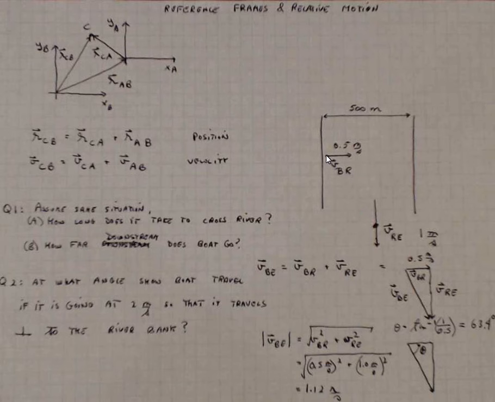Conceptually, you have to point the now 2 meter per second velocity of the boat relative to the river at some angle upstream relative to the perpendicular. And what angle should be chosen for the boat to have a velocity relative to the earth, relative to the bank, that's perpendicular to the riverbank?